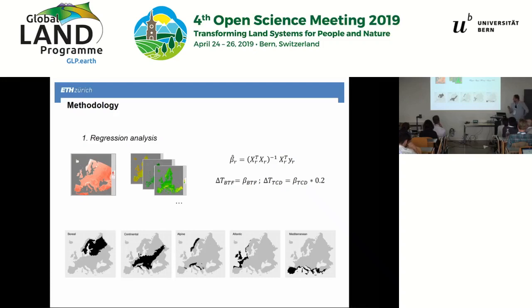I'm doing this analysis for different regions in Europe: the boreal region, continental, alpine, Atlantic and Mediterranean, in order to understand if this potential cooling effect from changes in forest structure differs over these regions.